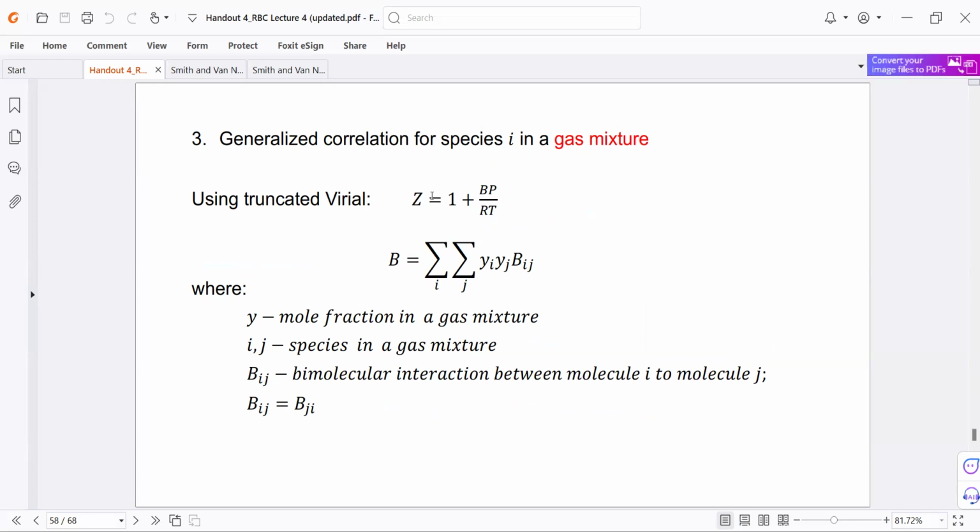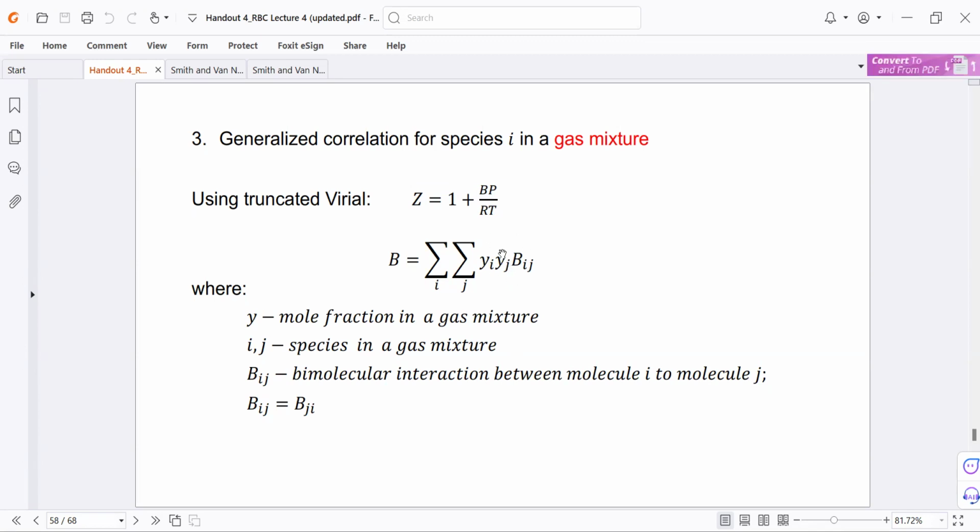So we have this, if you will remember, this is our virial equation, and B, as I mentioned, is the interaction between molecules. So if we have two molecules, I and J, B sub ij is the interaction between them. So to get B, we have to sum all of these interactions.